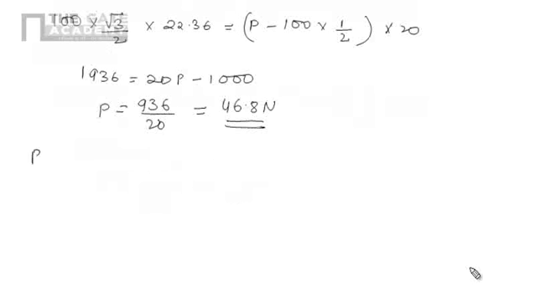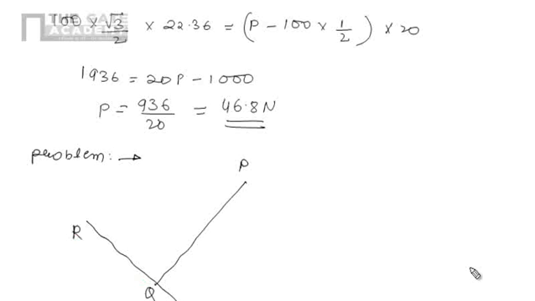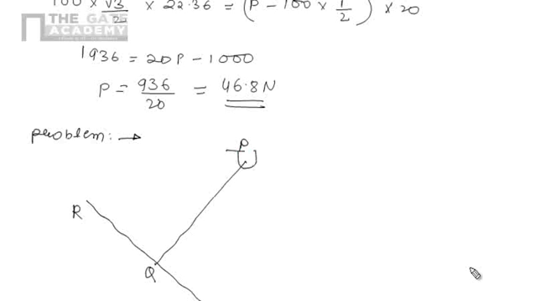Let's take another problem. There are two prismatic bars, PQ and RS, given in the problem, and P is attached to the wall with the help of a hinge support.